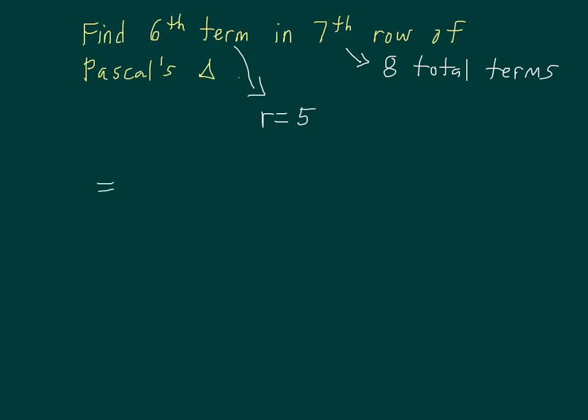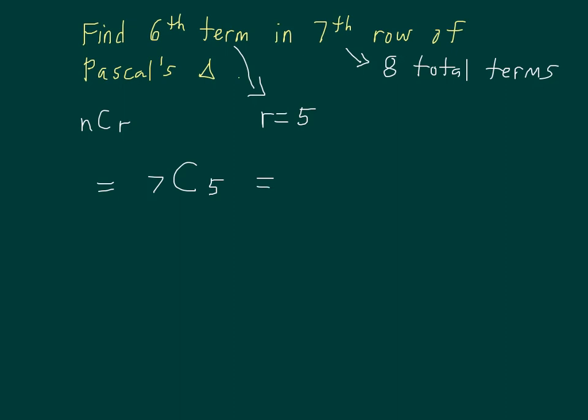So using a combination, this would be our row number, which is 7, and then choose, and then the R value, which is 5. Remember, we're using N choose R. N is the row number, and R is always 1 less than the term that we want.